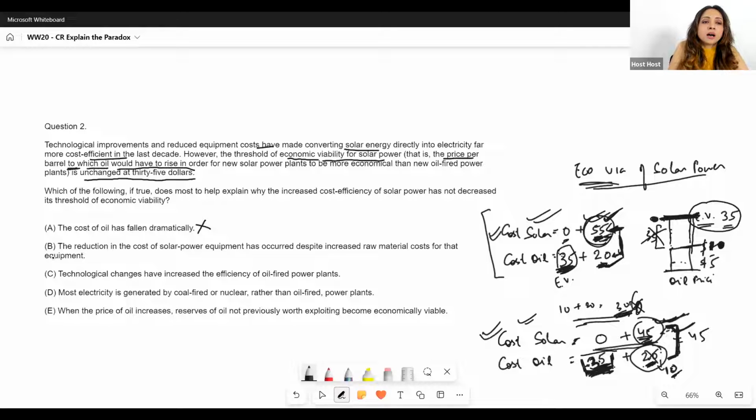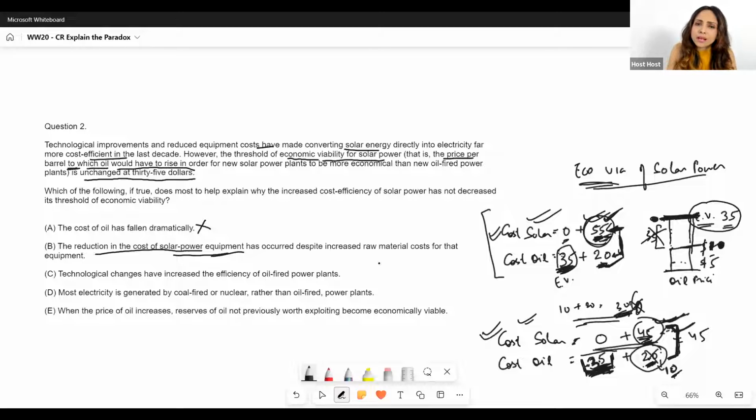All right. Let's look at option B. The reduction in the cost of solar power equipment has occurred despite increased raw material costs for that equipment. Okay, so they're talking about the raw material cost of the equipment which was required to make the solar power equipment. We don't care about that. We just know that there has been a reduction in the cost of solar power equipment, right?